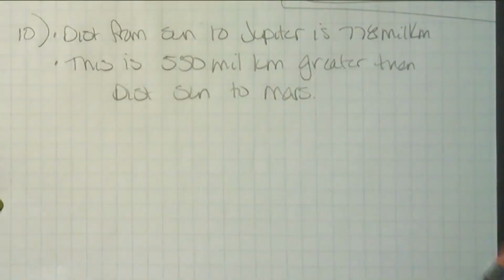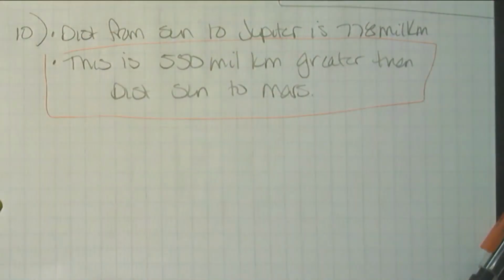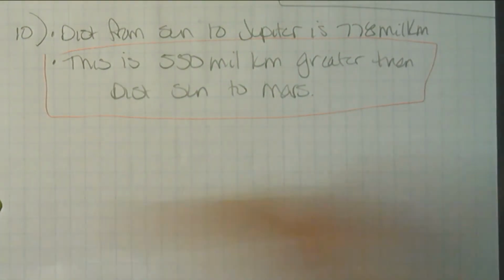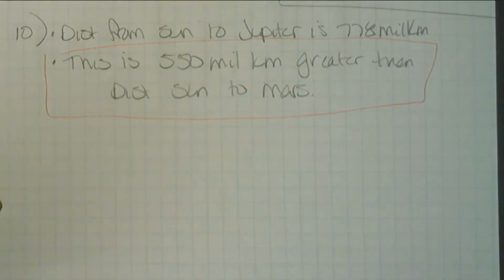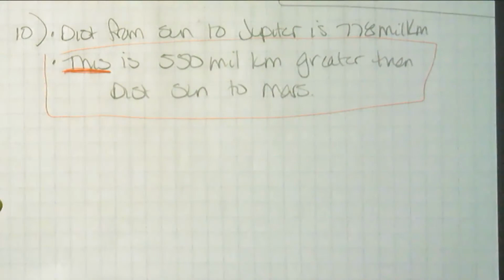I need to take apart this sentence. This sentence is going to set up our game plan. Everyone's paying attention to this. So, from an English perspective, the distance from Sun to Jupiter is 778 million. This is, what information is this word "this" referring to?